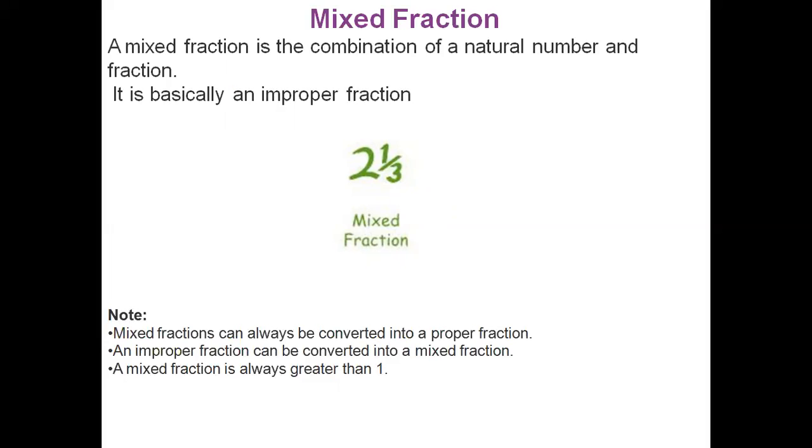Another example is 2 whole 1 by 4. Remember, mixed fractions can always be converted into improper fractions, and an improper fraction can be converted into a mixed fraction. And one more point is, a mixed fraction is always, yes, always greater than 1.